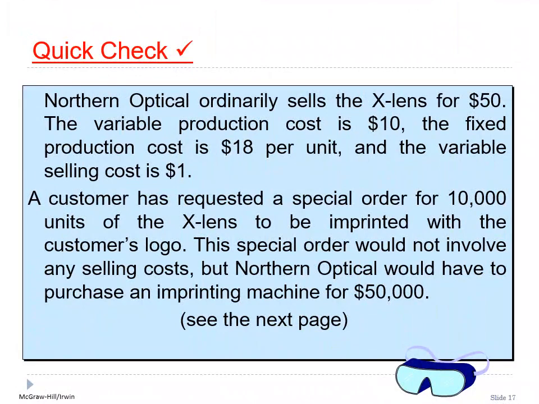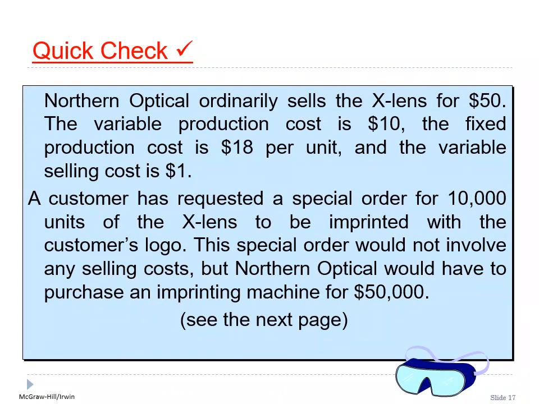Let us take one more example about the decision of whether to accept or reject a special order. It says here, Northern Optical ordinarily sells the X lens for $50. The variable production cost is $10. The fixed production cost is $18 per unit, and the variable selling cost is $1.